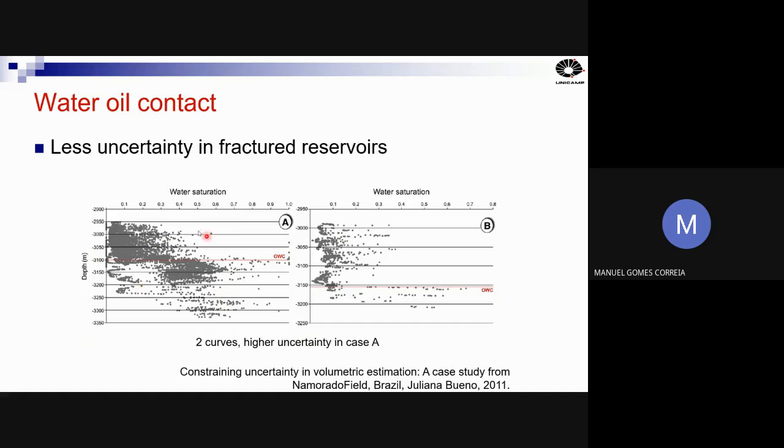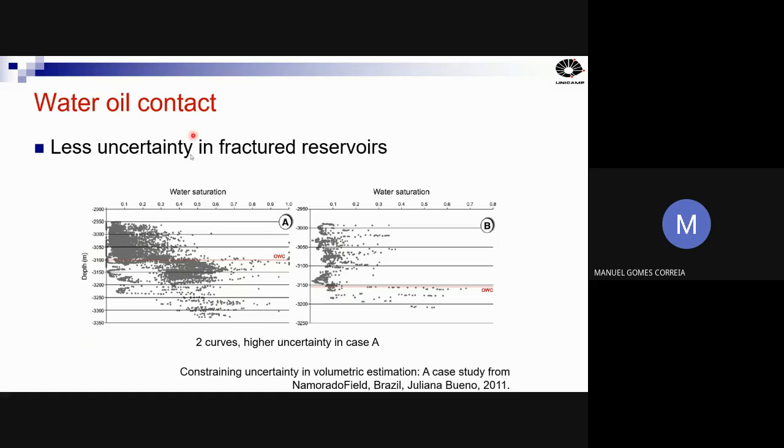You can see that we have higher uncertainty here, because you don't know exactly the depth where the water saturation increases, so you don't know exactly where the water oil contact is. In case B, you can see exactly the point of the water oil contact, because you have an inflection point where the water saturation increases rapidly. So in this example, we have a higher uncertainty in case A.